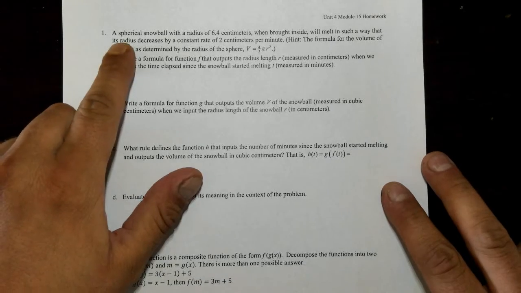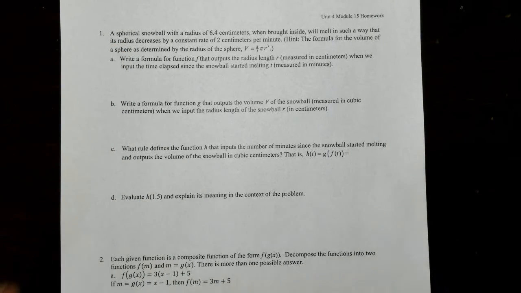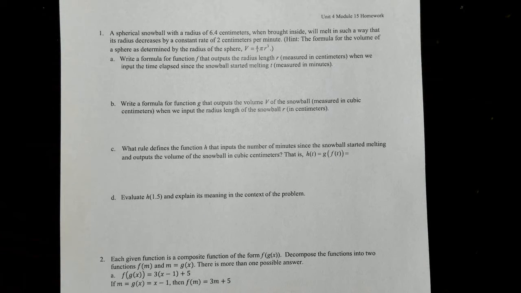So, number one, a spherical snowball with a radius of 6.4 centimeters when brought inside will melt in such a way that its radius decreases by a constant rate of 2 centimeters per minute. A, write a formula for function f that outputs the radius length r, measured in centimeters, when we input the time elapsed since the snowball started melting, t, measured in minutes.